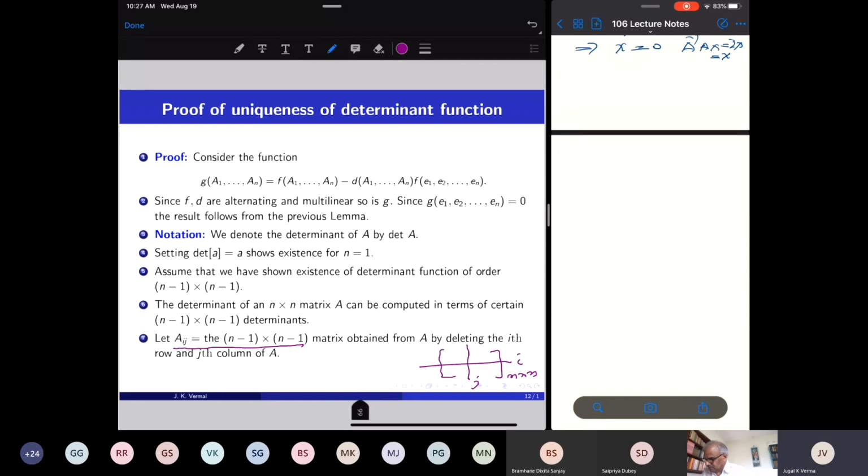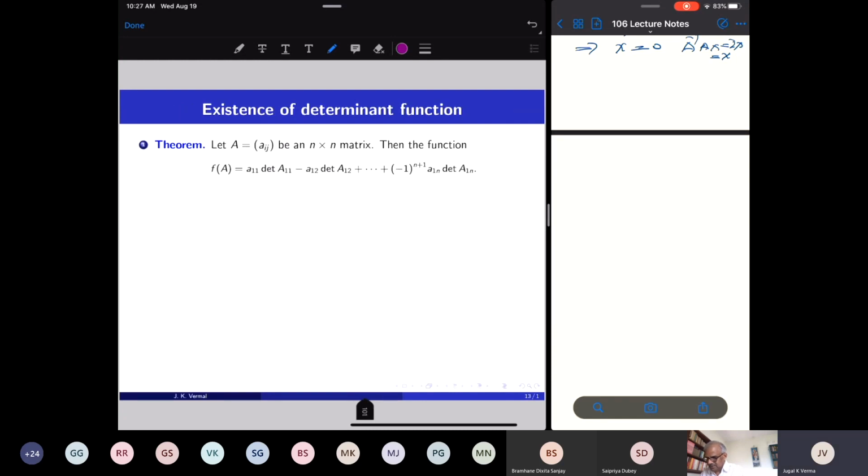Once you remove them, I am left with a square matrix of smaller size. By induction, I know the formula for its determinant. So now we will define the determinant of an n by n matrix in terms of these determinants of submatrices.